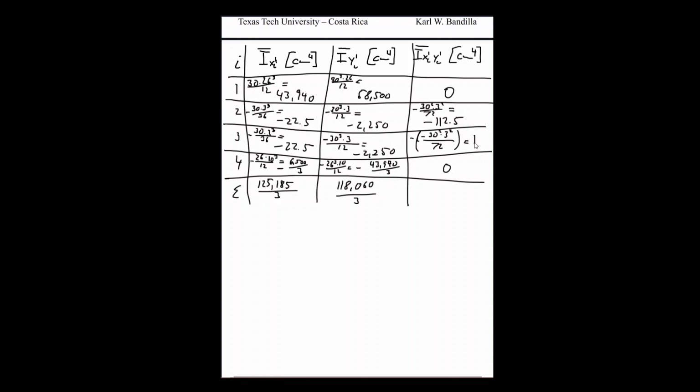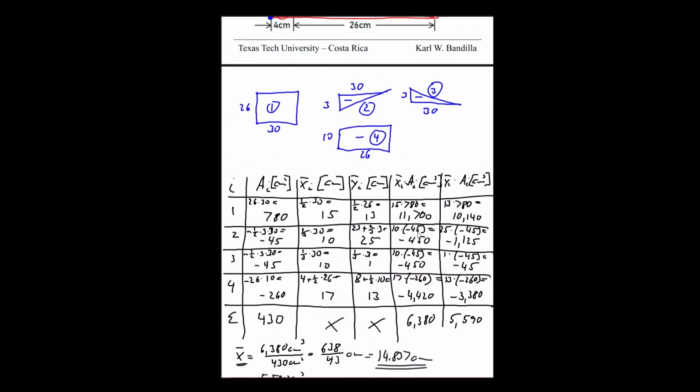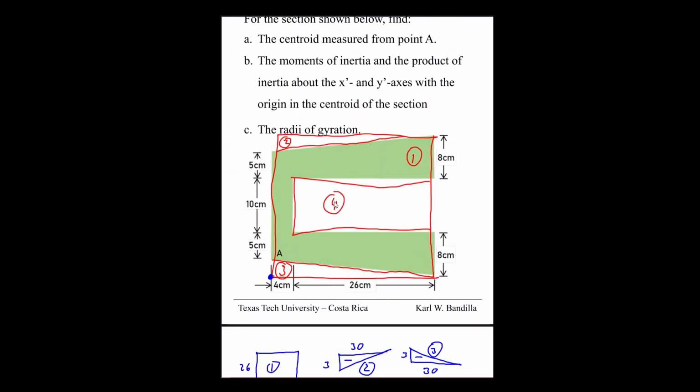And that's, of course, then just 112.5. Means those two cancel out. Which makes sense because, if we think about the moment of inertia, overall, the two parts should cancel out. All right, so that's our Ixy's.